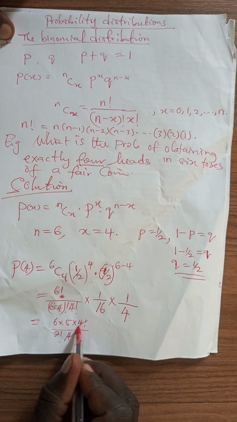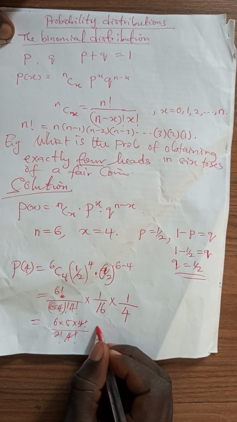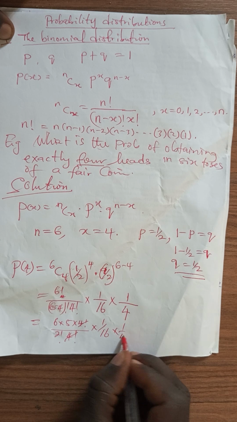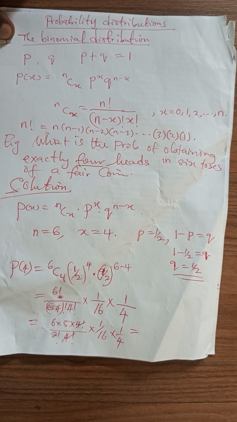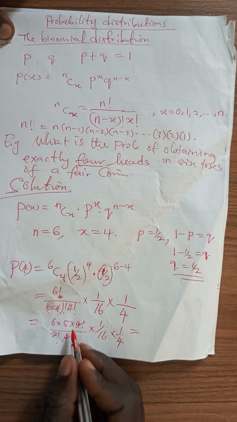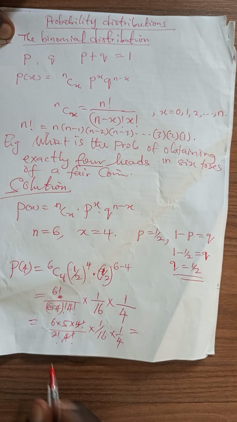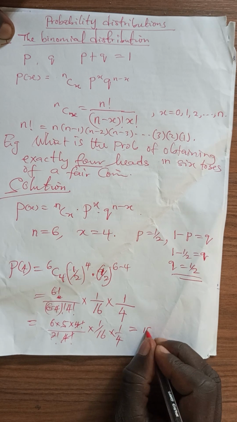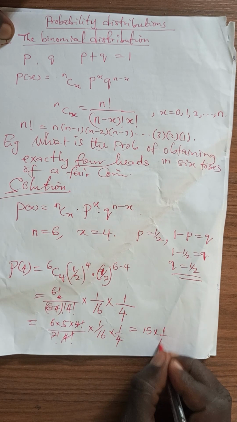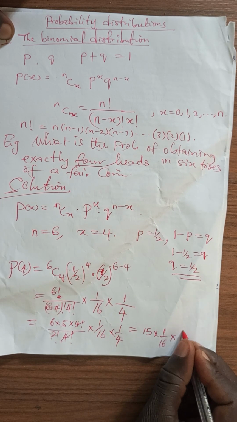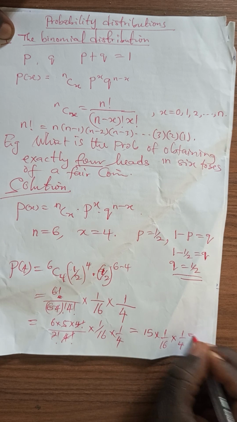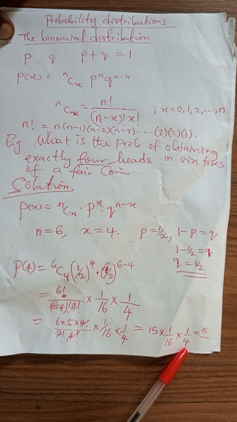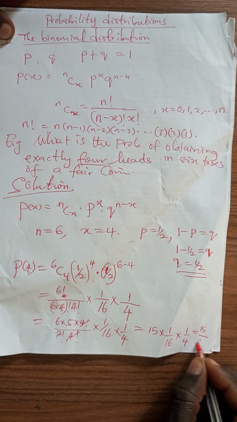So 4 factorial will cancel 4 factorial. All I have is times 1 over 16 times 1 over 4. 6 times 5 is 30, and then divided by 2 is equal to 15. So I have 15 times 1 over 16 times 1 over 4, and that is equal to 15 over 16 times 4, which is equal to 64.